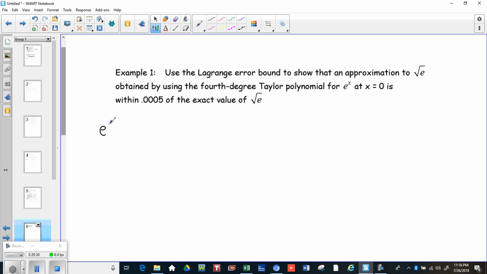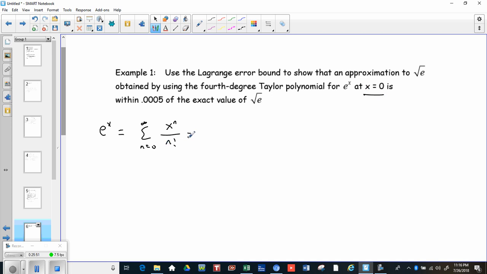First of all, we need to figure out what e to the x is. This is a known series, so this is something hopefully you guys have looked at enough that you're going to start to get it memorized. But that's x to the n over n factorial. We can do that because this is a Maclaurin. It's centered at 0, right? Even though it says Taylor, it's Maclaurin.